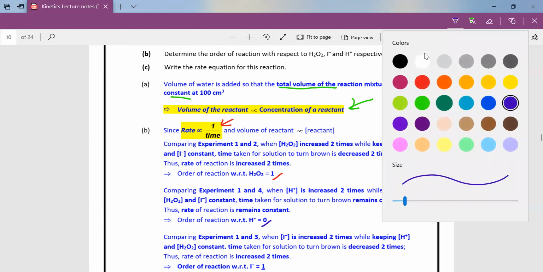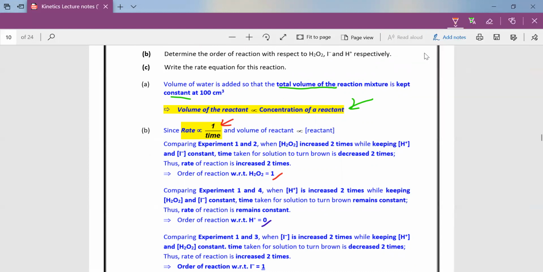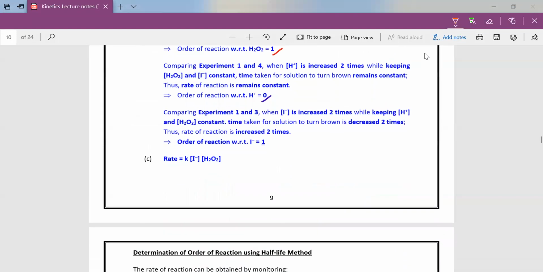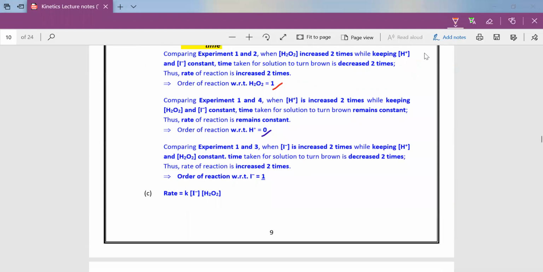Last but not least, we're going to look at experiment 1 and 3. Again, peroxide kept constant, H plus kept constant, I minus is doubled. What happens to the rate? It also doubles. So that tells us that the order of reaction with respect to I minus is 1. Therefore, our rate equation will just be I minus to the power of 1 and hydrogen peroxide to the power of 1.